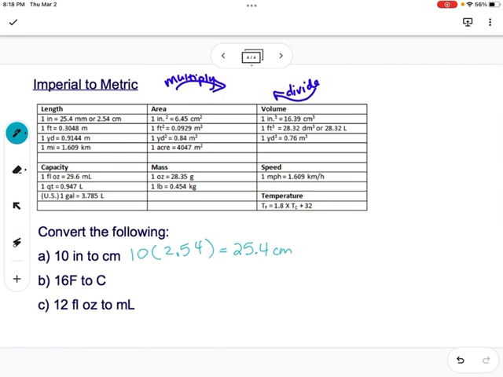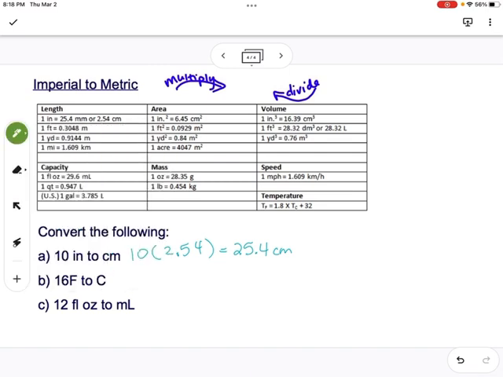Okay, the next one, we're going from Fahrenheit to Celsius. This conversion looks a little bit different. We have a full formula to use for it. So looking at temperature, our temperature in Fahrenheit is equal to 1.8 times our temperature in Celsius plus 32.